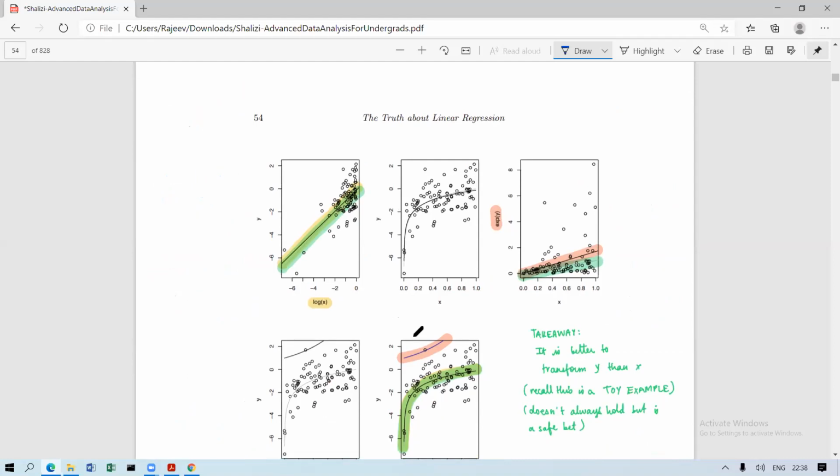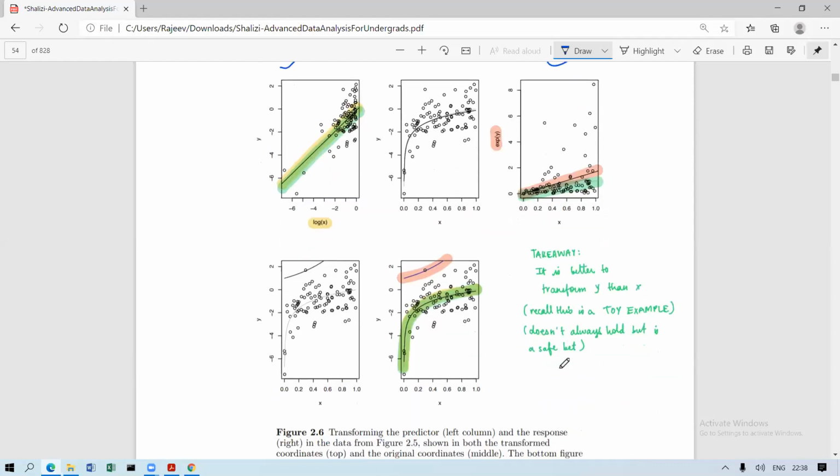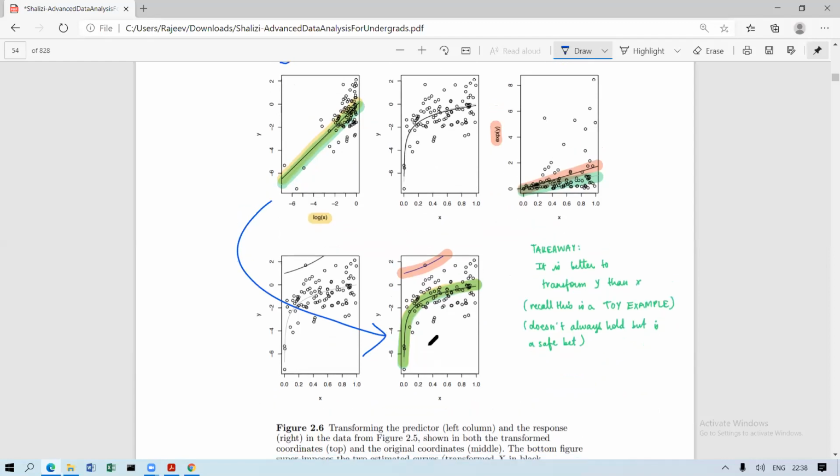Here he has transformed e to the power y, and here he has transformed into log x. When you switch it back to your case, you can see that this green curve is the correct prediction, whereas the exponential of y doesn't give you the same result because the noise has been transformed into some weirder distribution.